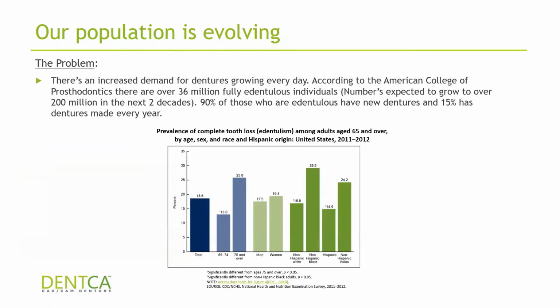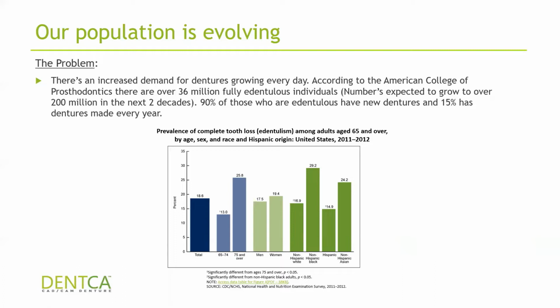And one of the things that we have noticed, and this is a study from about 2012, where the American College of Prosthodontics said there are over 36 million fully edentulous individuals, meaning at least one of the arches was fully edentulous. And they were expecting these numbers to grow over 200 million in the next 2 decades.